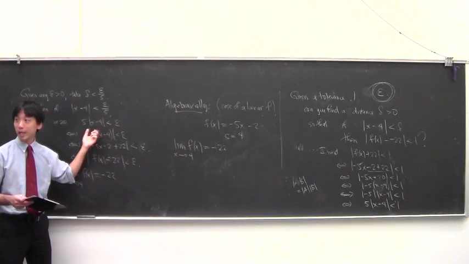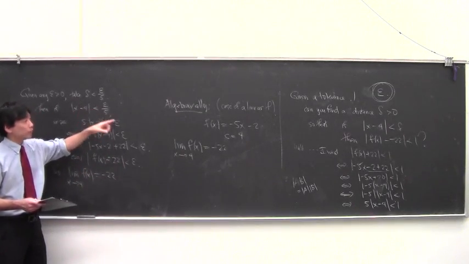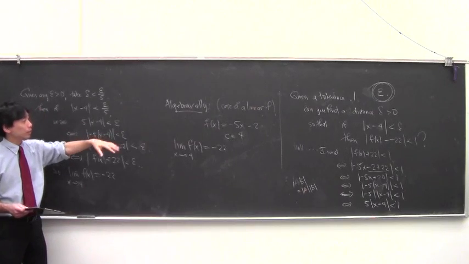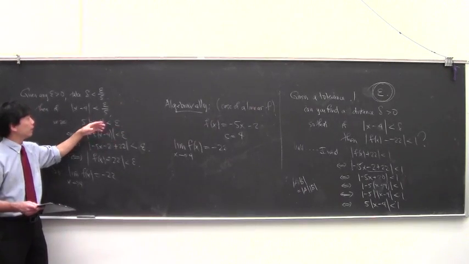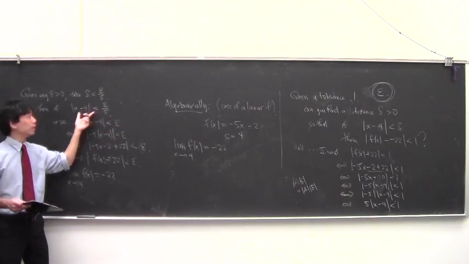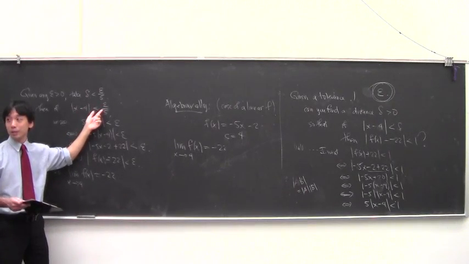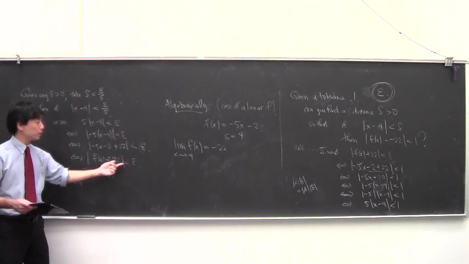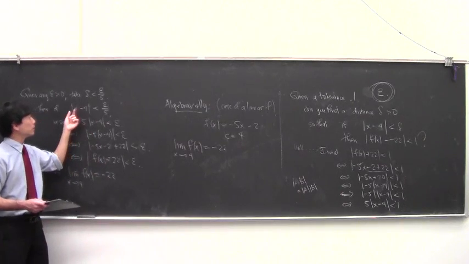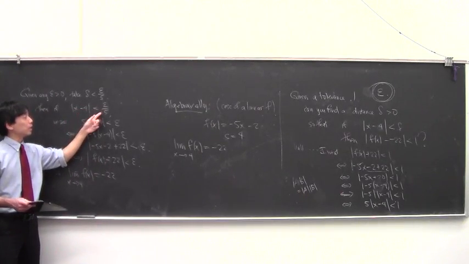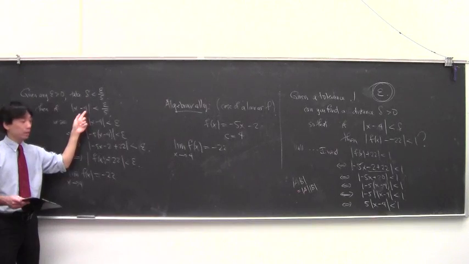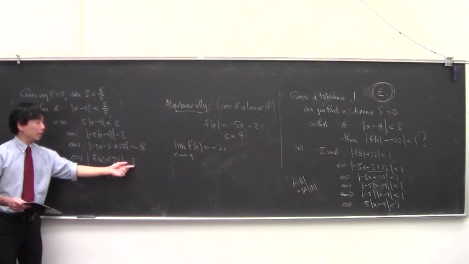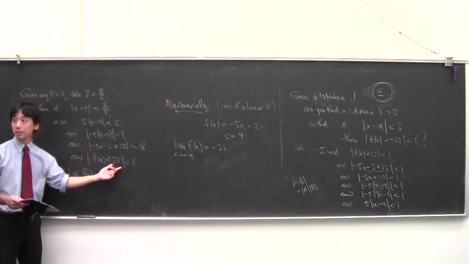And it turns out, via your scratch work over there, that you figure out a distance. Here it is. Epsilon over 5 will ensure that if your inputs are within epsilon over 5 of 4, then your outputs will be within epsilon of negative 22.